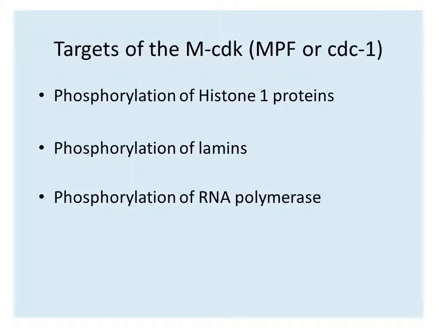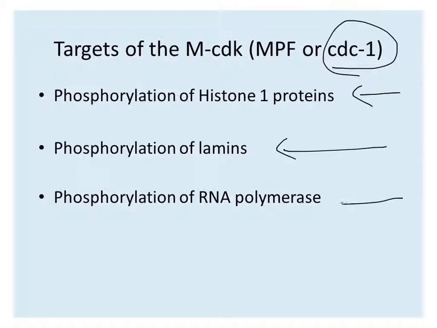So after much analysis of CDK1, the M-CDK for mammals, or what was also called CDC2 in yeast, they found important targets of this CDK that help stimulate mitosis. And some of these are going to sound pretty familiar.